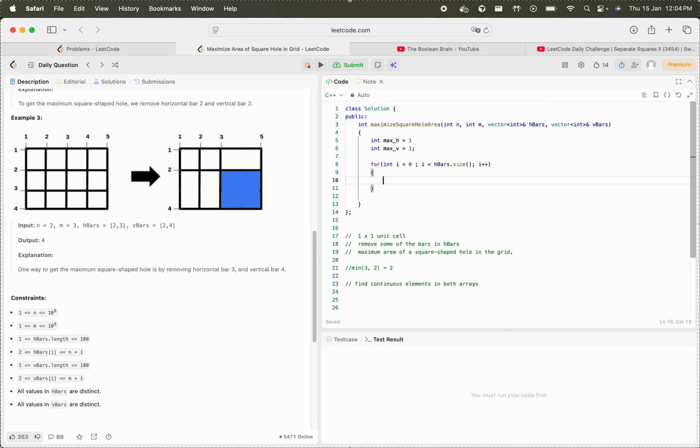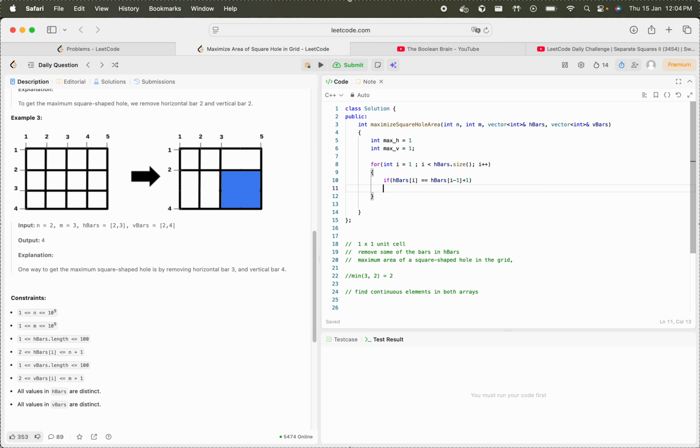I plus plus, and here I will try to find if my current h bar is exactly equal to my previous plus 1. It should be strictly increasing. Since I am accessing i minus 1, I should start from 1.